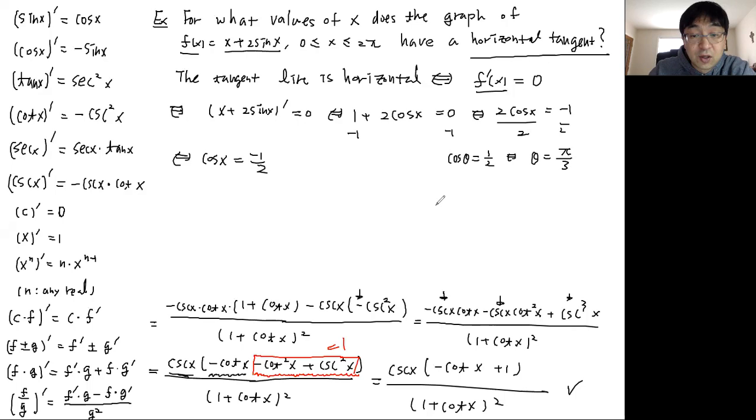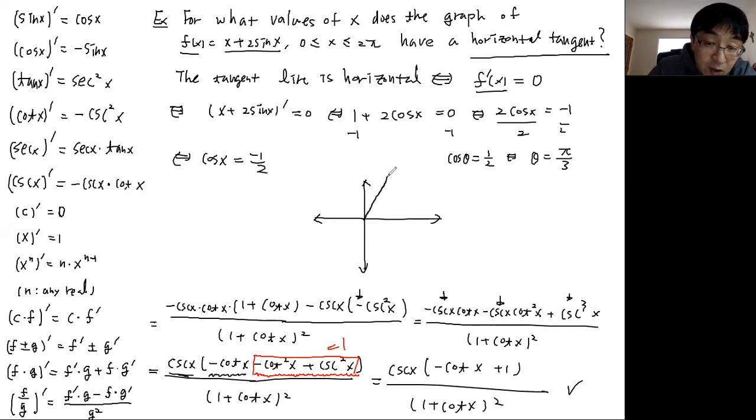Next, you can draw the graph. So we have theta equals pi over 3. So here, angle pi over 3, cosine theta equals 1/2. So what's the original problem? Minus 1/2. So do you remember which quadrant has a negative cosine?